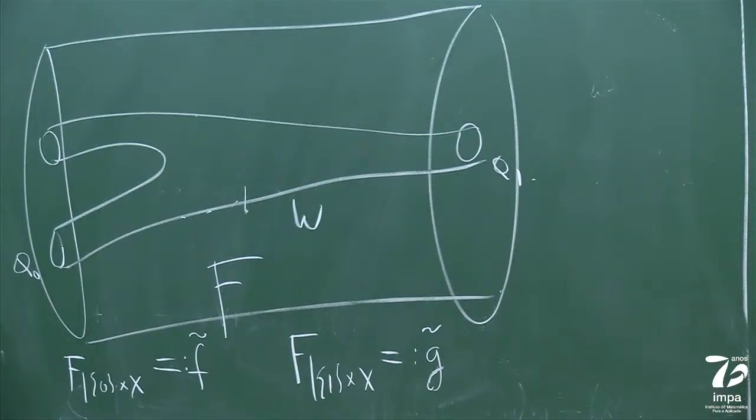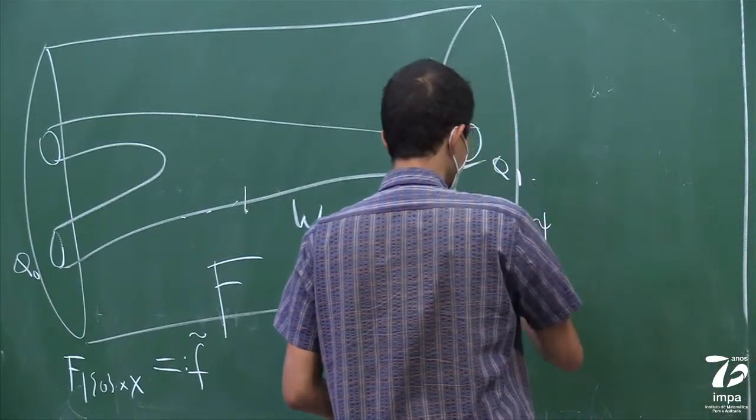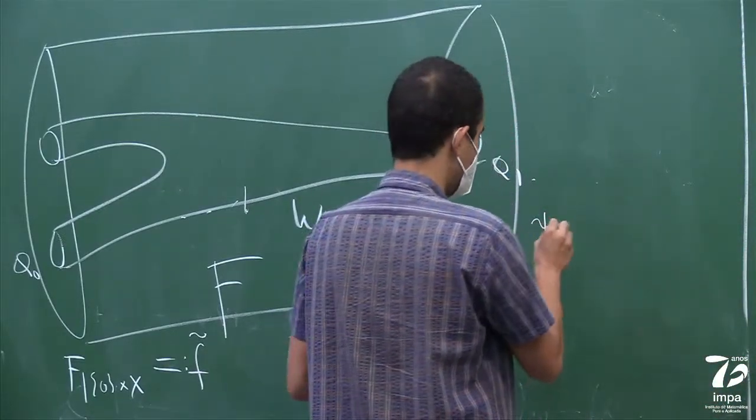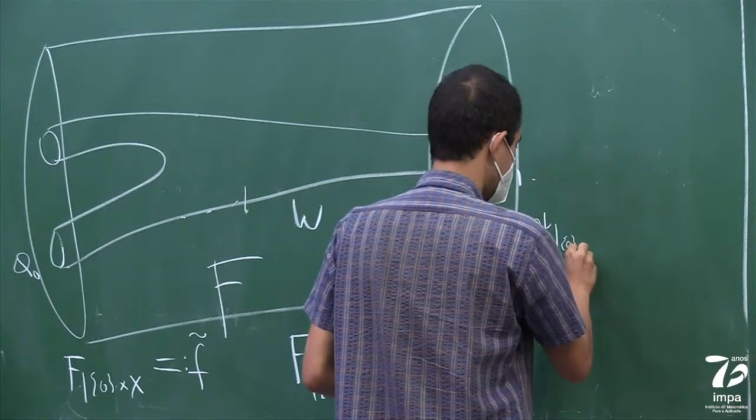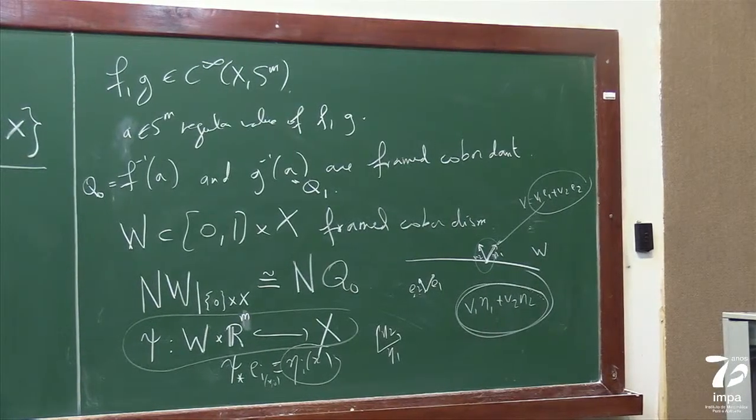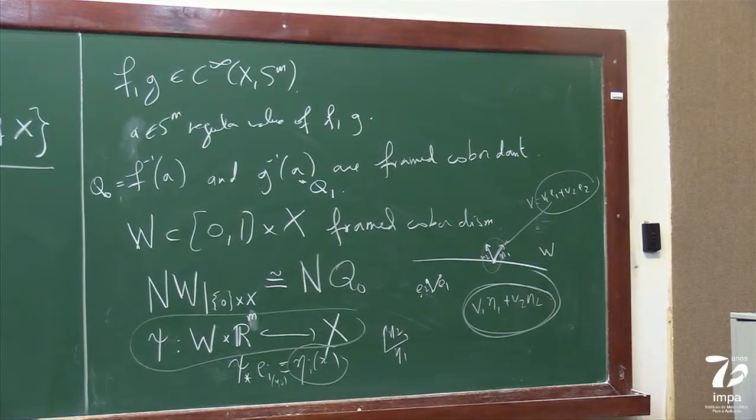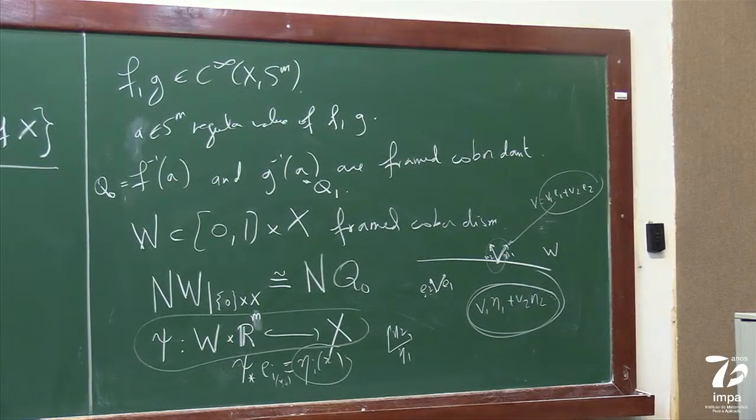Okay? So basically if you restrict the embedding to 0 times x times Rm, now you have a map from q0 times Rm into, oh, sorry, that was wrong. It's not into x.